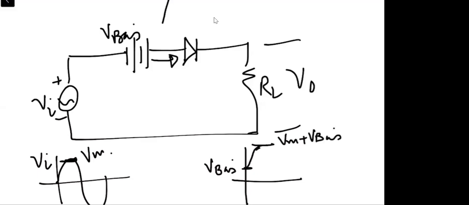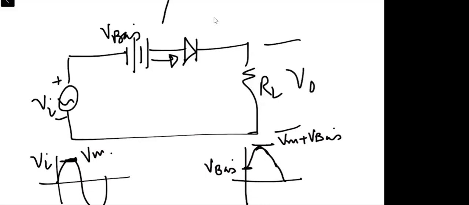As long as the input is positive, the output will be there. And as the input goes to the negative side, as long as the potential at the diode keeps it in the on state, we have the output, right?